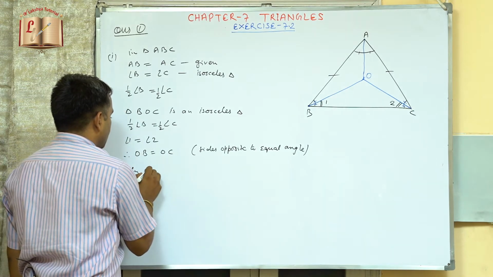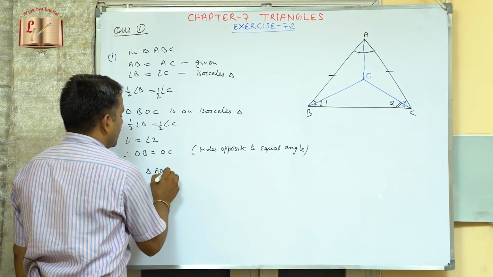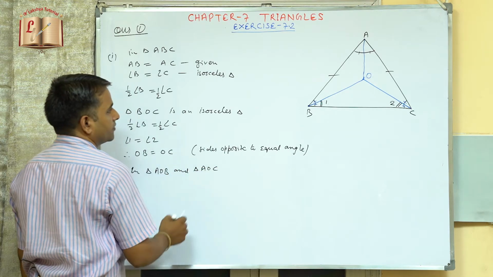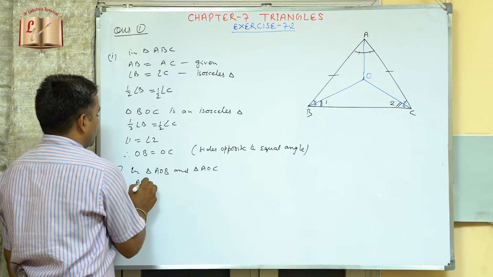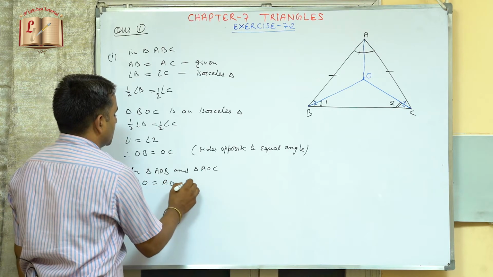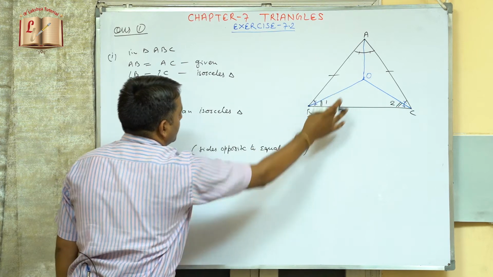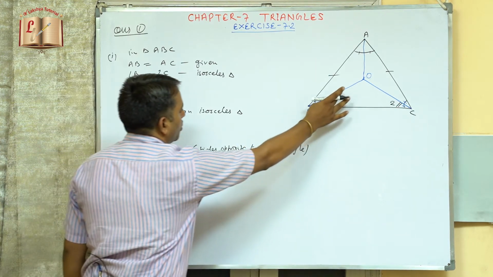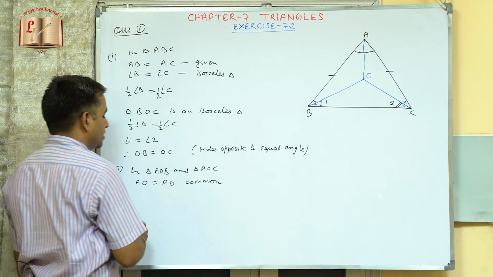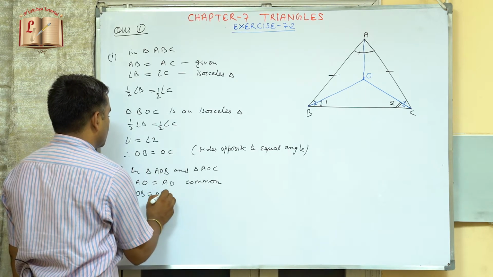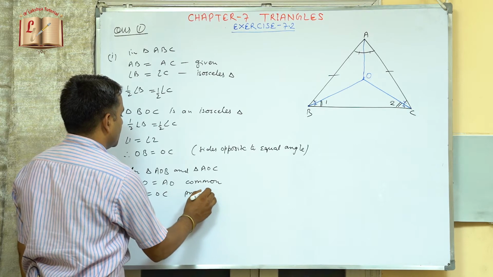So in triangle AOB and triangle AOC, now see that AO is equals to AO, this is common, and OB is equals to OC, this we have already proved. So OB is equals to OC, this is proved in 1.